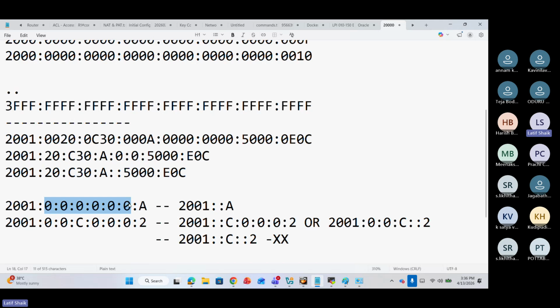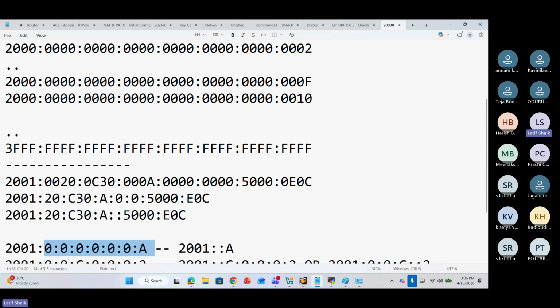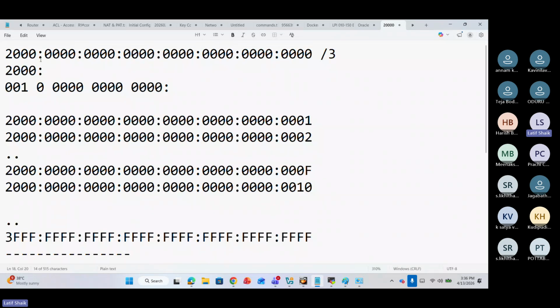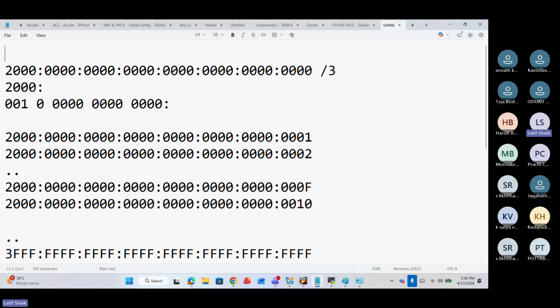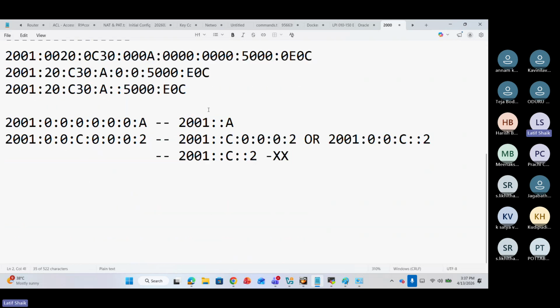Put a double colon. Even if this is also 0, you can put just the double colon. For example, 2000 colon colon means this is the one, it represents this one only, nothing more. After that, all are zeros only.